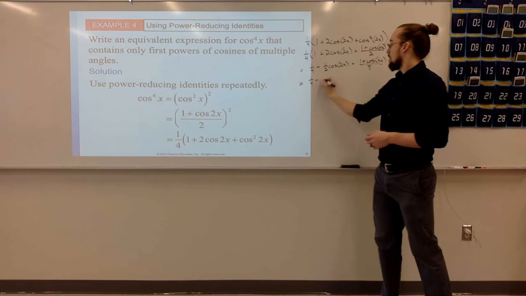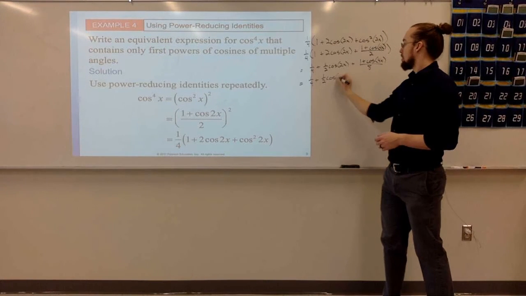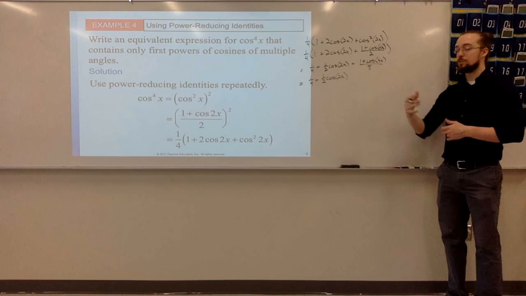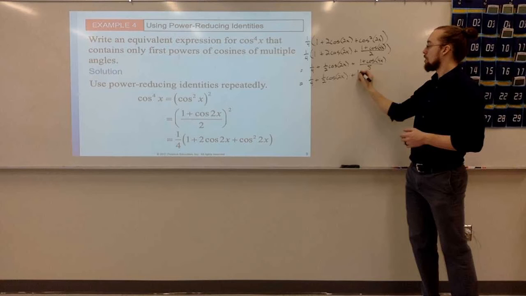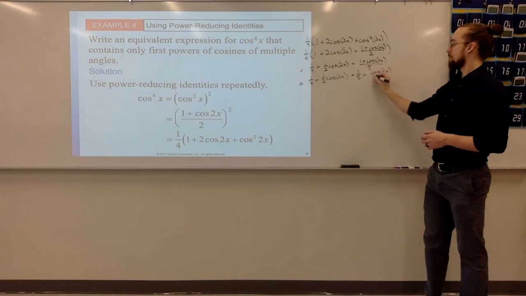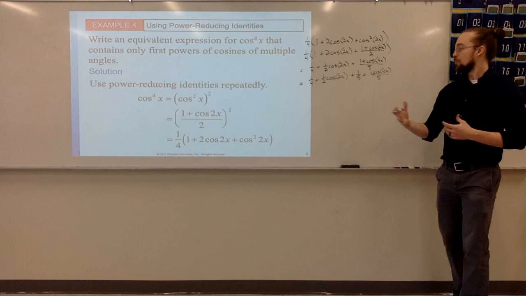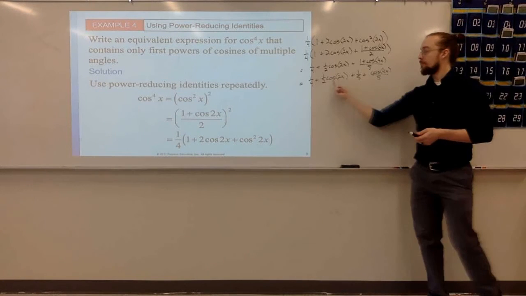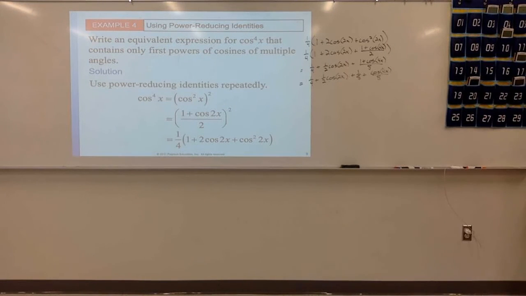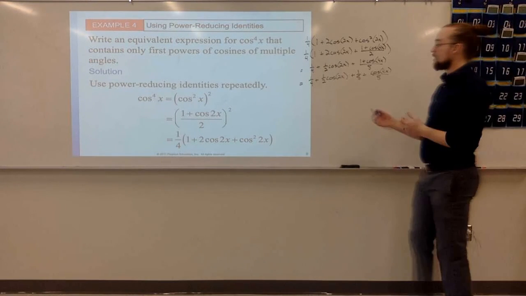Then if I split this up, since I've got a single denominator, I could write this as 1/8 plus cosine of 4x over 8. The reason I'm doing that is so that I can combine my constants. I have a 1/4 and a 1/8 that I can simplify into one term.